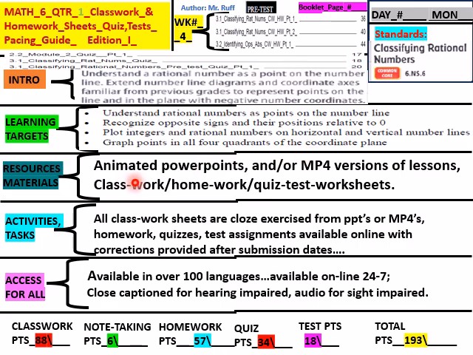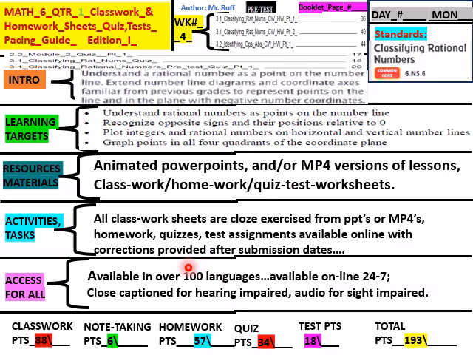And our resources, materials, our animated PowerPoints and/or MP4 versions of the lessons, including classwork, homework, quiz, tests, and worksheets. And in activities and tasks, all class worksheets are closed exercise from PowerPoints or MP4s. Homework, quizzes, test assignments available online with corrections provided after submission dates.